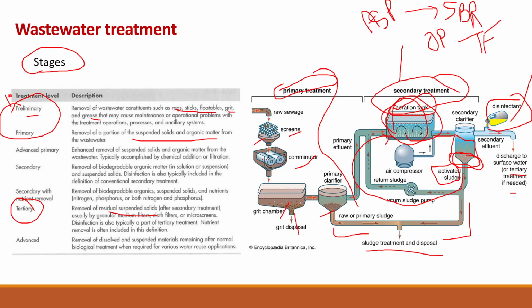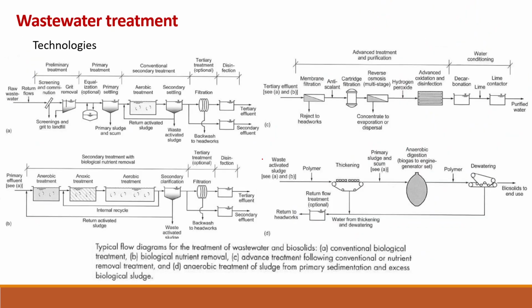What are the main stages of wastewater treatment and what actually happens in each treatment stage? You see we have four figures here, and all are describing the treatment line in a particular kind of treatment technology. For example, first is the conventional biological treatment.